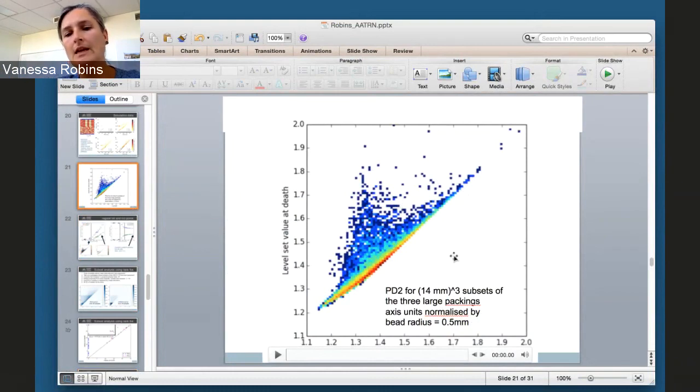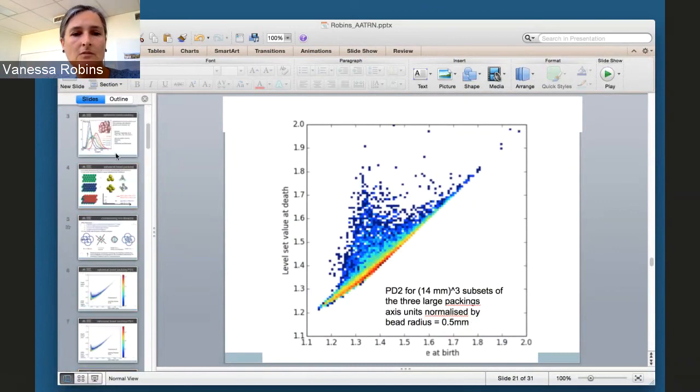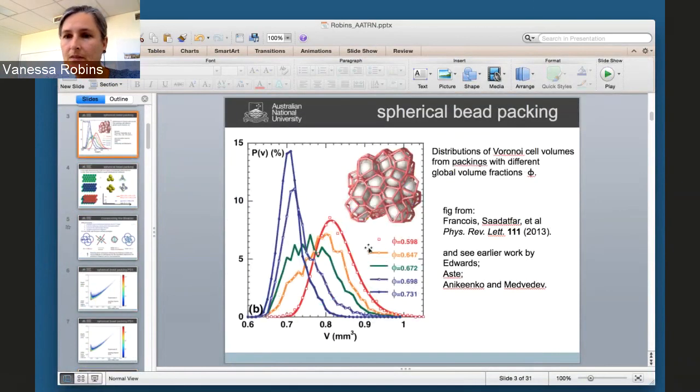So I haven't made any attempt to correct for that in this data analysis. But when my colleagues were doing this volume distribution at the beginning, for example, they would form the Voronoi cells for the full global packing and then just select out the Voronoi cells that belong to a subregion.